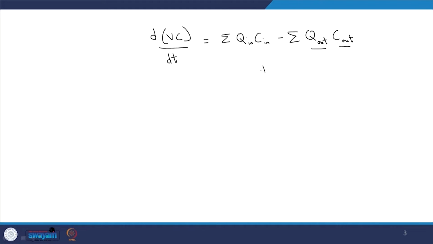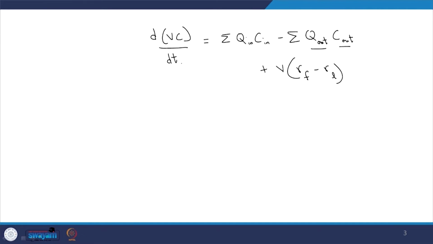Let us see how I can transform that particular equation. What do we have? We had d(VC) by dt, the change in mass per time within that control volume, is equal to the summation of Qin Cin, or mass coming in, minus mass leaving the relevant reactor, Qout Cout, plus volume times the rate of formation of the compound minus the rate of loss of the compound.